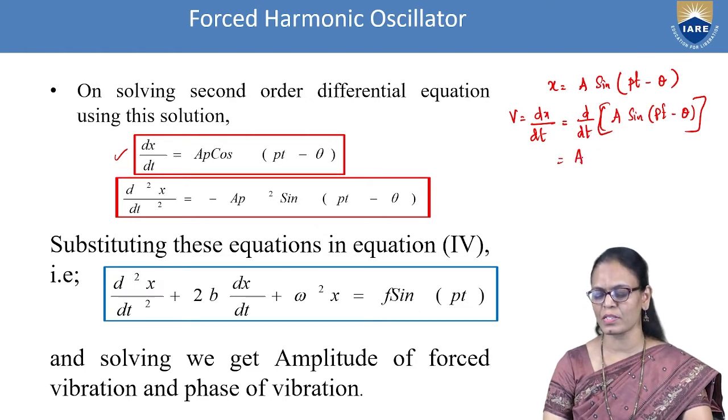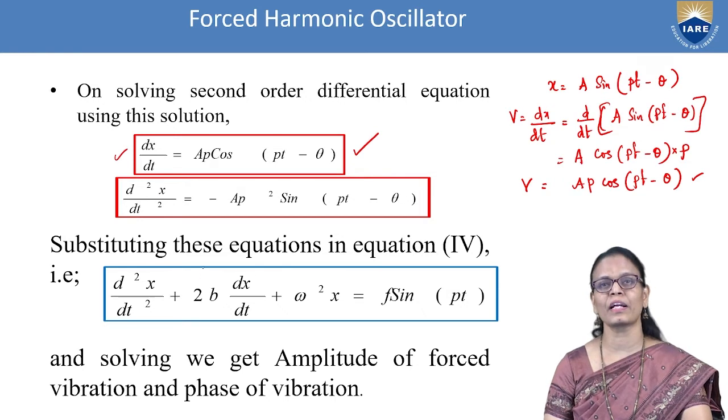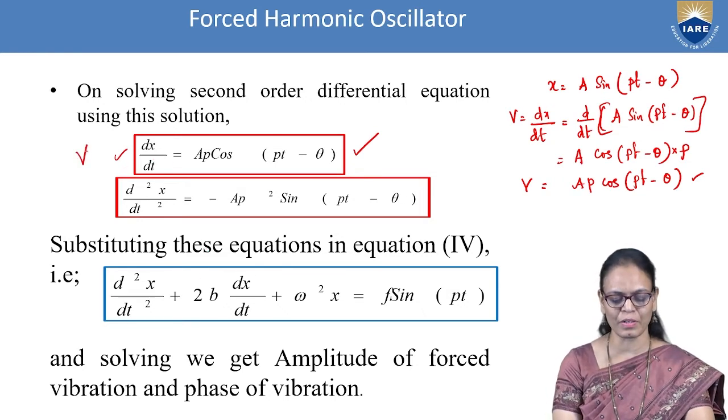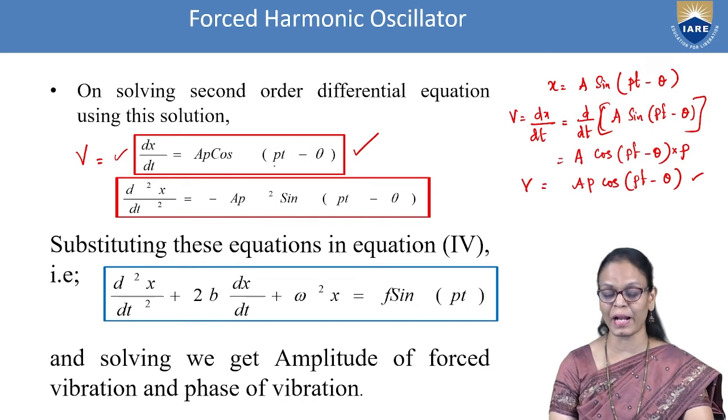So a is a constant. So for sine we get cos pt minus theta, and for pt we get p. So the velocity will be given by ap cos pt minus theta. So this is the velocity, which is what we are writing here. dx by dt is nothing but velocity, ap cos pt minus theta, simply by differentiating, because we have the displacement, so we can find the velocity.